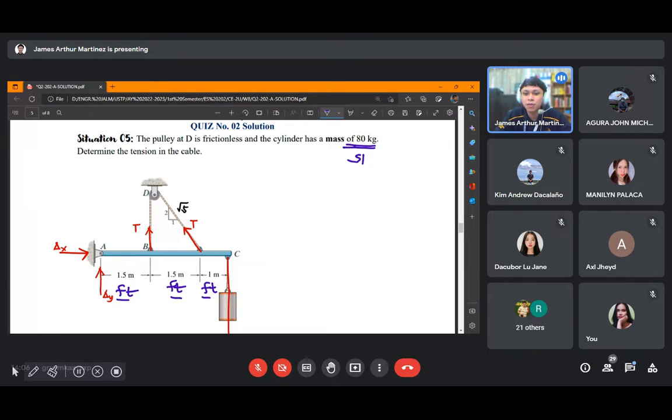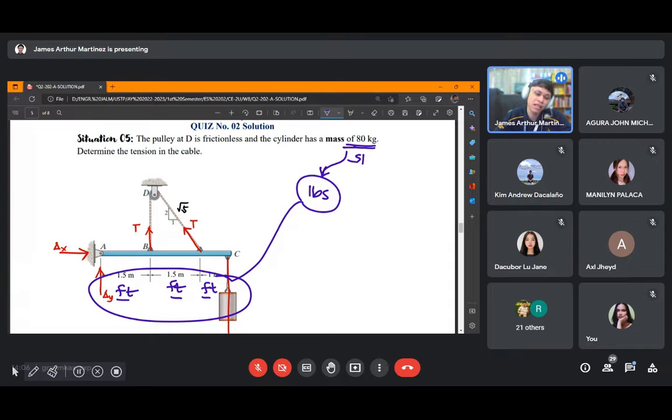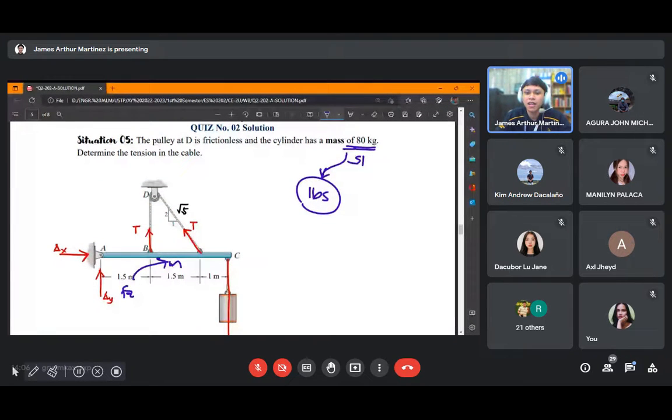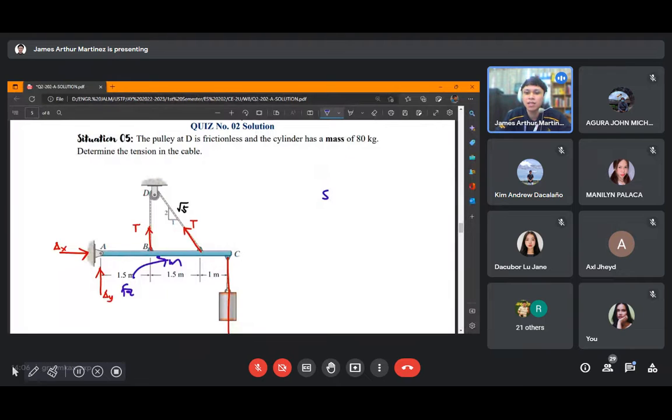Either way, it is convenient for us to convert the mass into pounds, so it is all in one system, the English system of units. Or you can also convert those in feet into meters so that you can use the 80 kilograms, which is in SI. Okay, so both ways are actually correct.